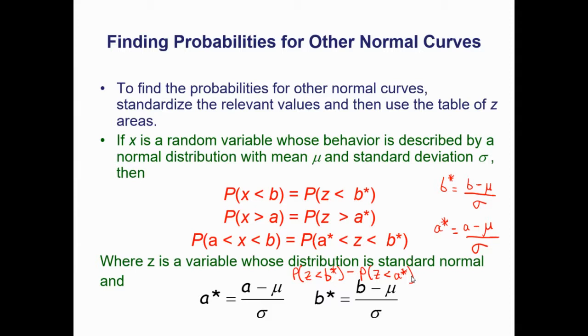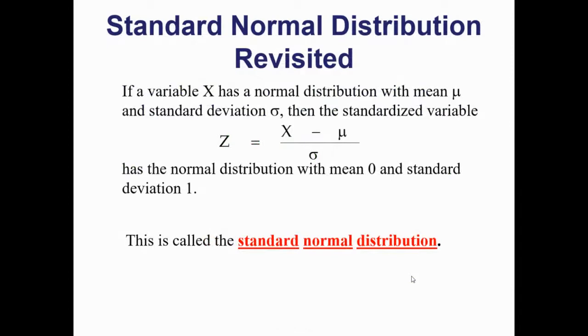So again, this is what's called standardizing your variables. If x has a normal distribution with a mean of mu and a standard deviation sigma, then the standardized variable is z equals x minus mu over sigma.